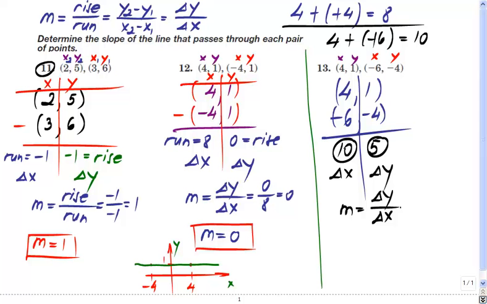We're getting to more formal notation, more complicated or scientific, if you want, approach, professional. That's the mathematical way. No more rise and run. Change in y over change in x. M will be change in y. We just found it. 5, change in x, 10. And that tells you that your slope will be what? 1/2.